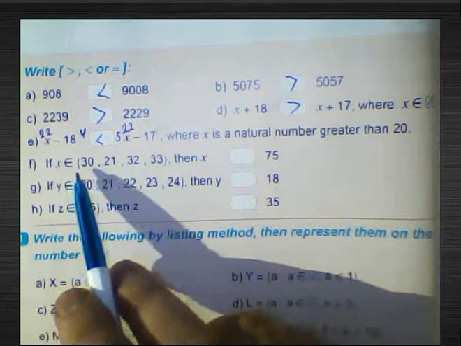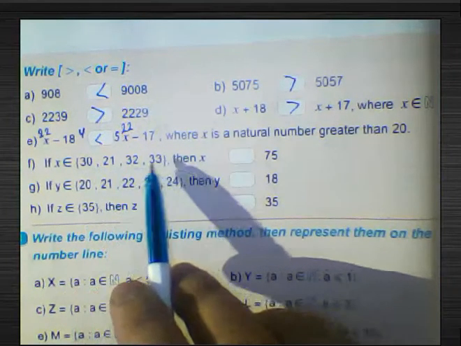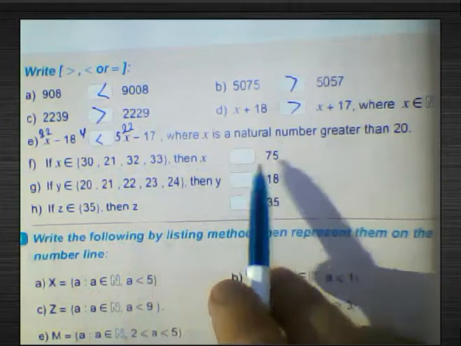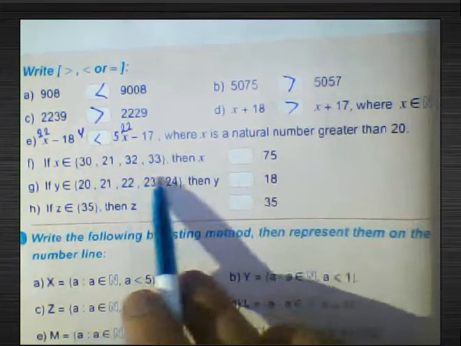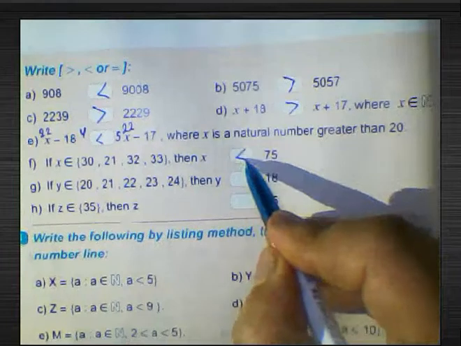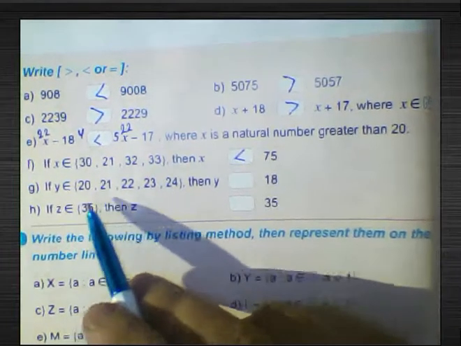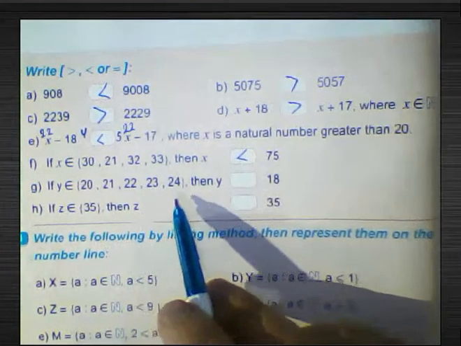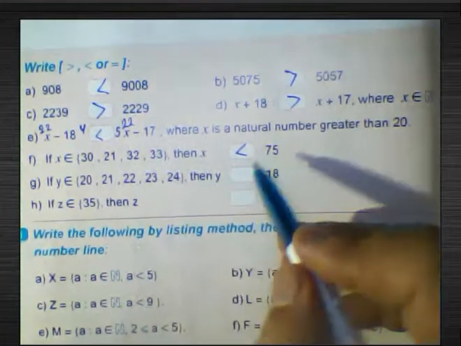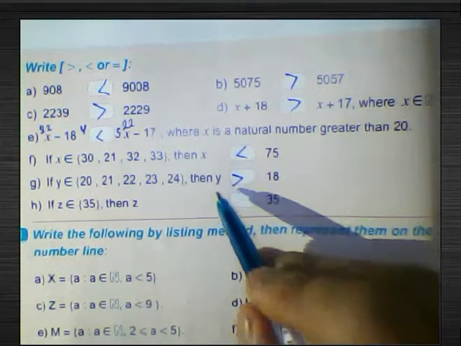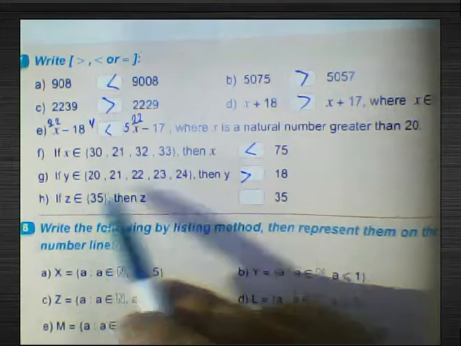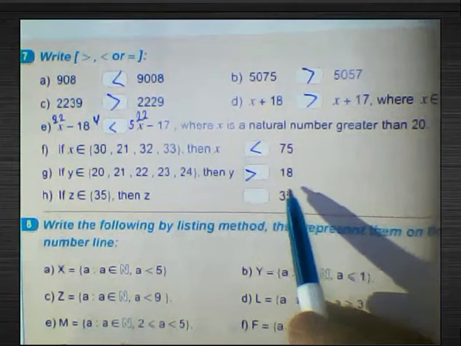If x belongs to a set of 30, 31, 32, 33, then x is less than 75. We know all elements are less than 75. If y belongs to a set of 20, 21, 22, 23, 24, then y will be more than 18, because y is an element belonging to this set, such that 24 is more than 18.